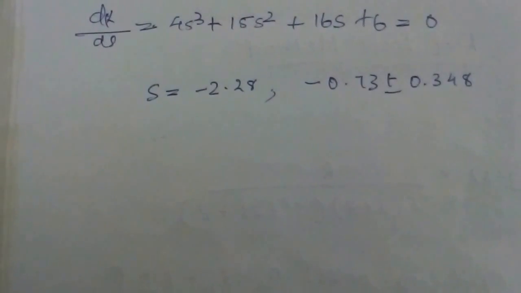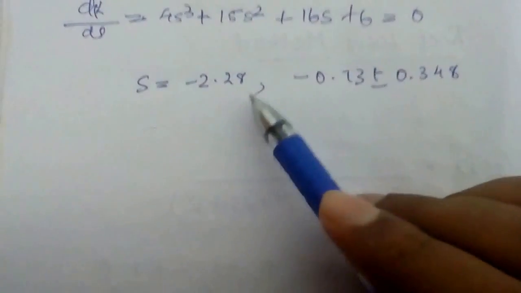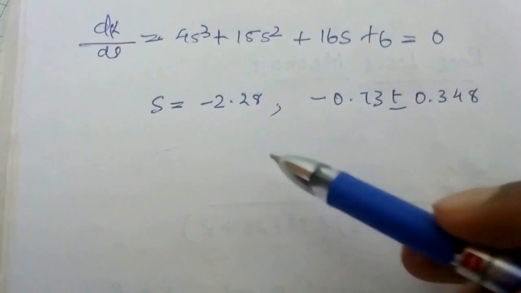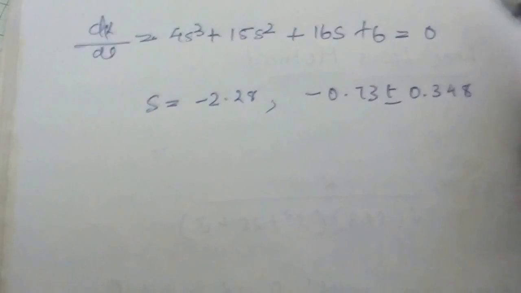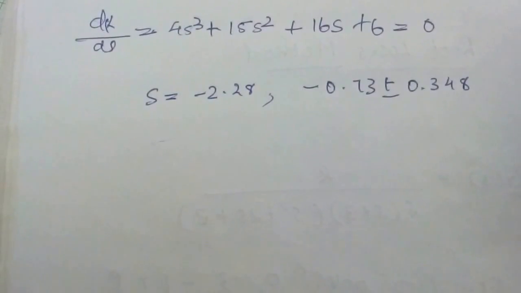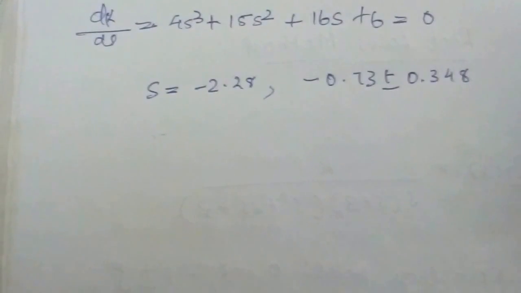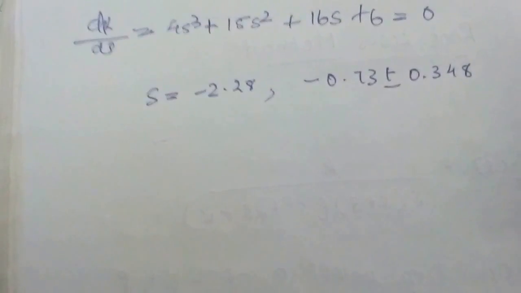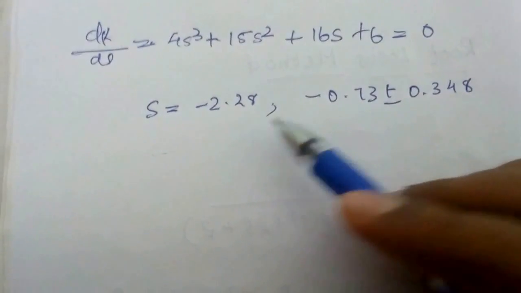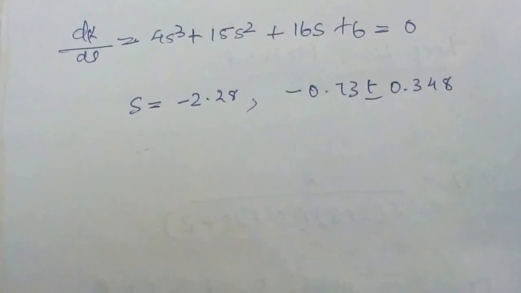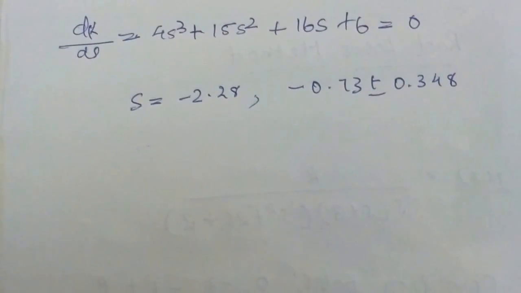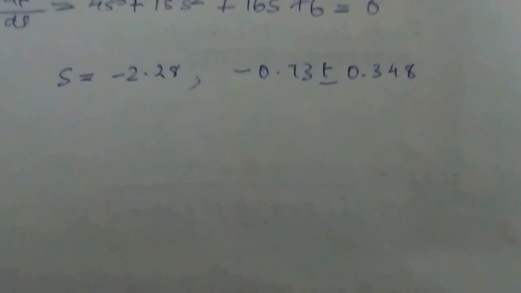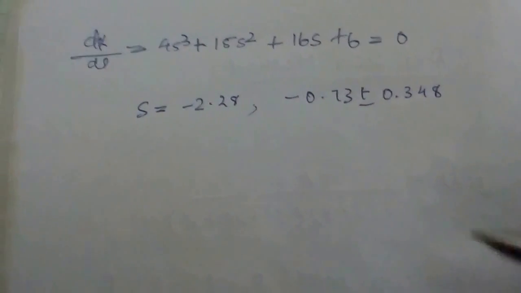In order to find that, we need to substitute the value of s in the equation of k. That means k is equal to minus s raised to 4 plus 5s raised to 3 plus 8s squared plus 6s. We need to put this value of s in that equation and check whether the value of k is real and positive.